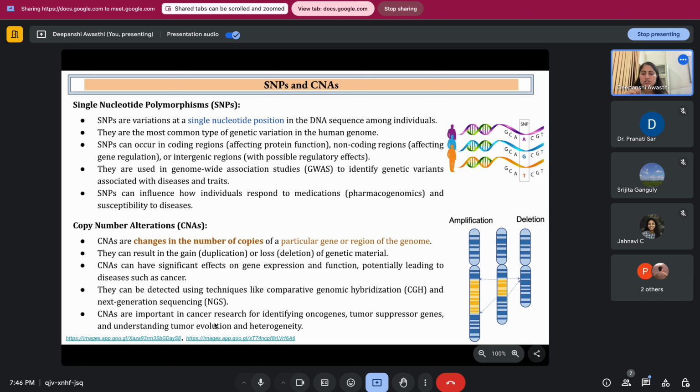Oncogenes are the ones involved in cancer, and tumor suppressor genes try to suppress the tumor. In such scenarios, the copy number alterations lead to the loss of tumor suppressor genes and gain of oncogenes. So these are two kinds of processes.